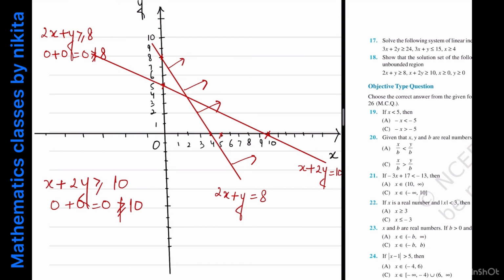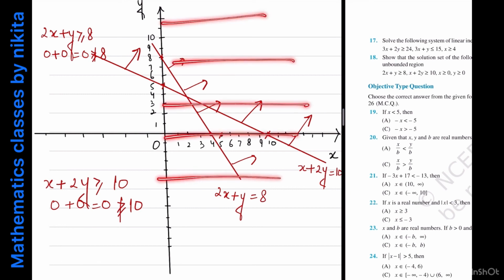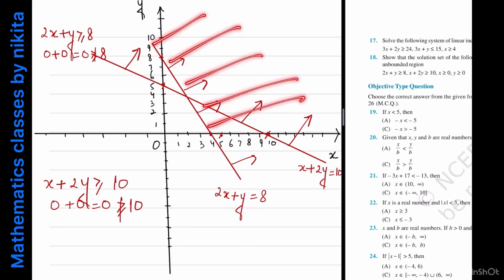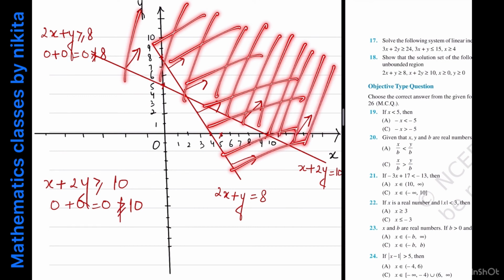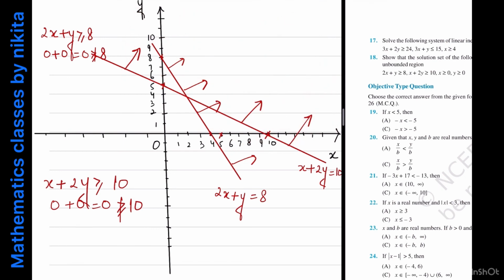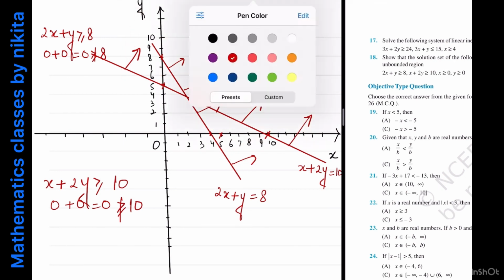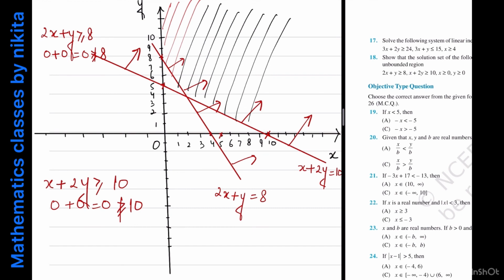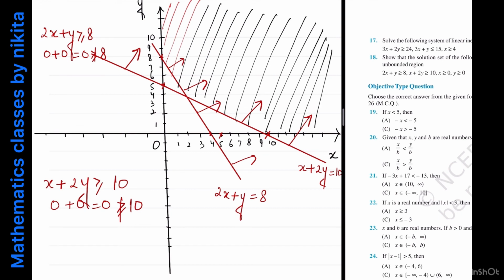Okay, so you have this region, and also we have x positive and y positive, so that means you have to consider only the first quadrant. If you look at the common region inside the first quadrant, the first line gave this, the second line gave all this, so you can see what their intersection is, wherever both of them intersect in the first quadrant. So this is this one, in the first quadrant.